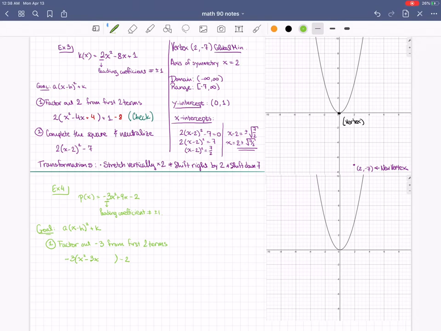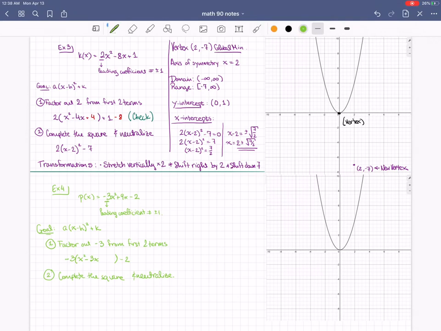Okay. Now for step 2, we're going to complete the square and neutralize. So remember how we complete squares. We take our middle coefficient, divide by 2 and square.